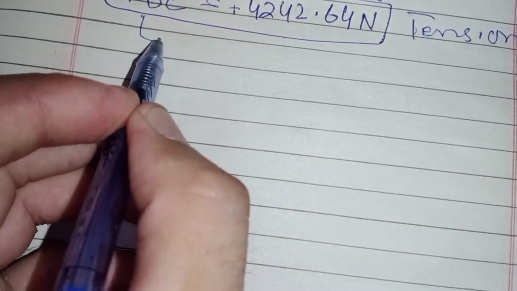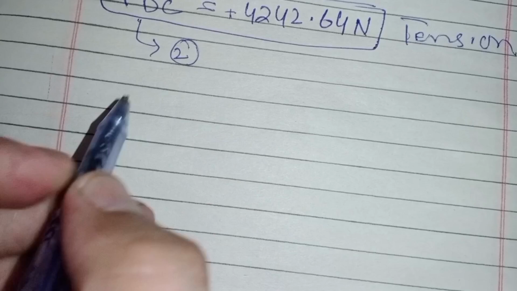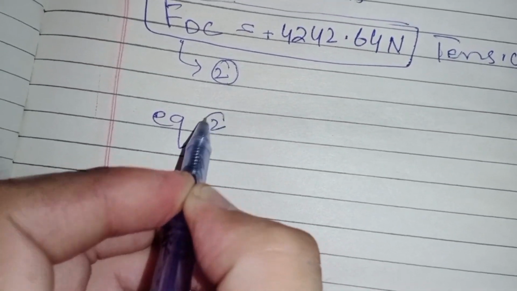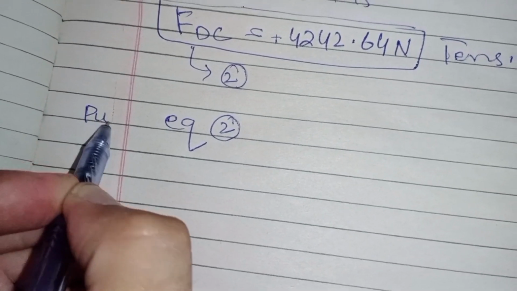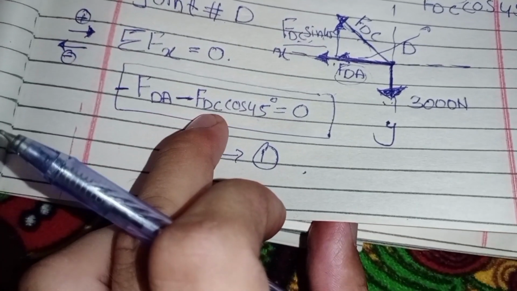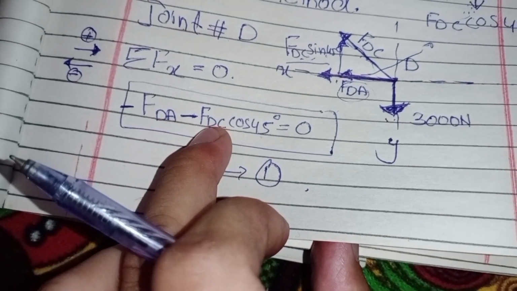Okay, so I put equation 2 in equation 1. This is equation 1: at place of FDC I will put this value.